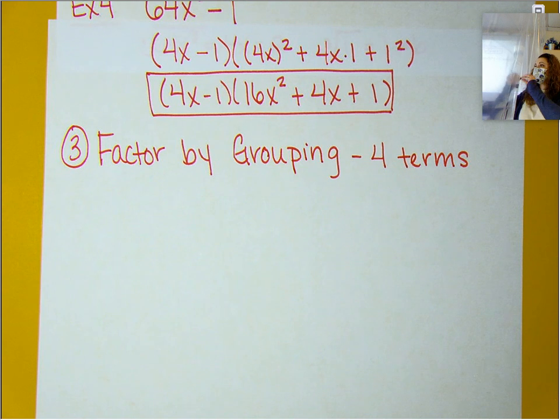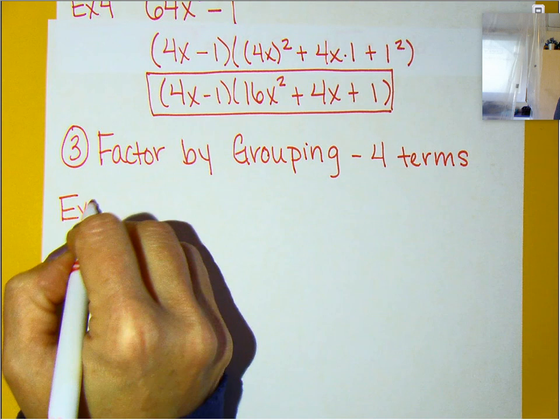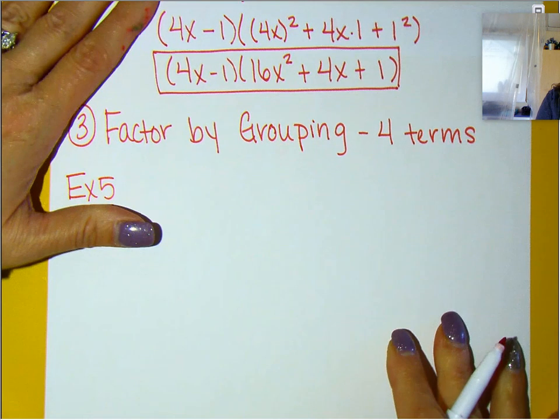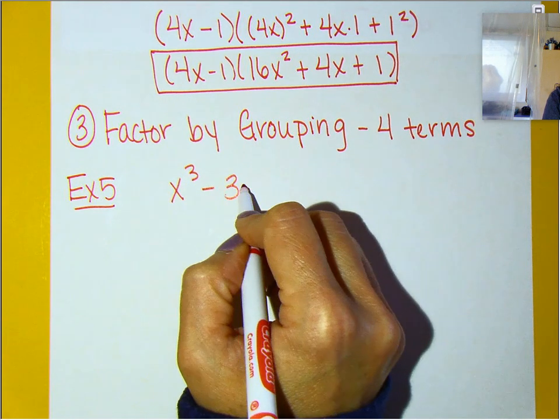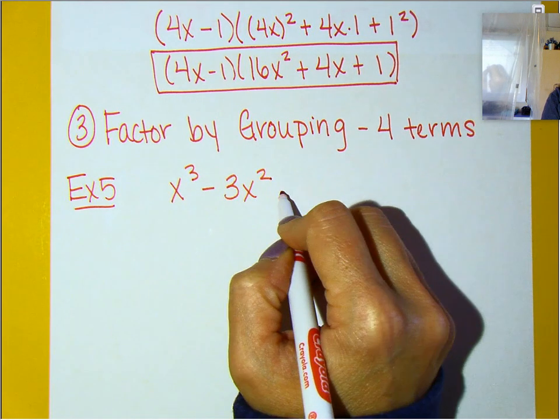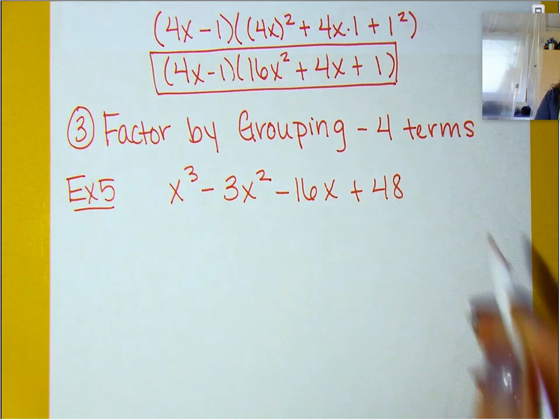Trinomials, we split that middle term and turn it into 4, and then we do our grouping. So this is really not going to be anything new for us. So let's do some grouping with ones like x cubed minus 3x squared minus 16x plus 48.